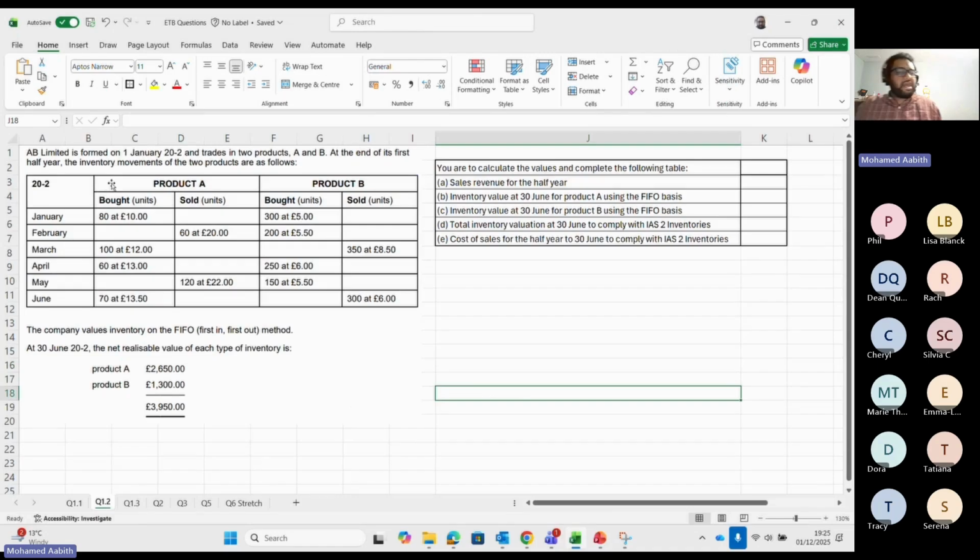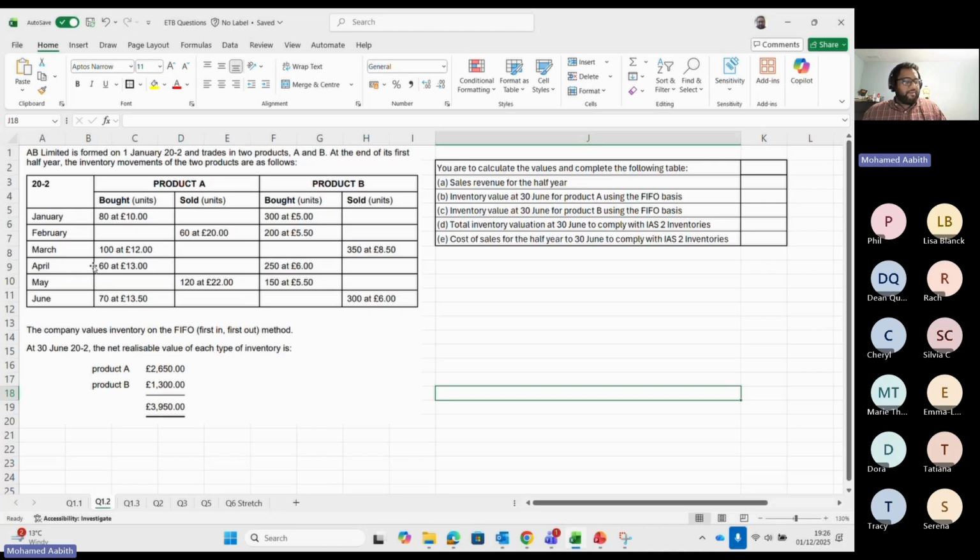So here it says AB Limited is formed on 1st of January 2022 and trades in two products, product A and product B. At the end of its first half year, the inventory movements of the two products are as follows. You have product A and you have product B. We bought 80 of these items, sold 60 at £20.